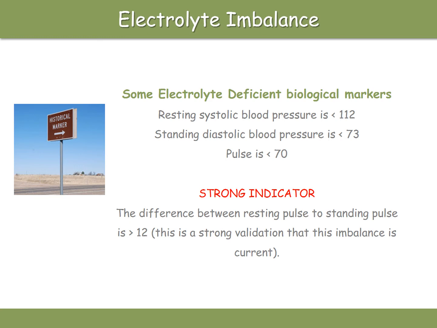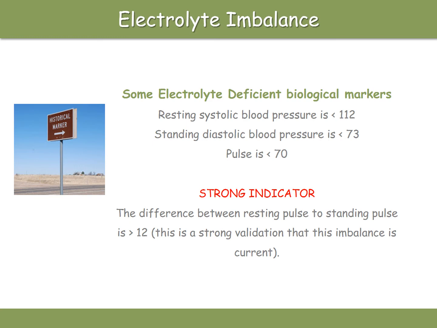Some of the biological markers. There are some other markers to look at, and we'll touch on that in a minute, but resting systolic blood pressure is less than 112, standing diastolic blood pressure is less than 73, and pulse is less than 70. The strong indicator here is that the difference between resting pulse and standing pulse is 12.